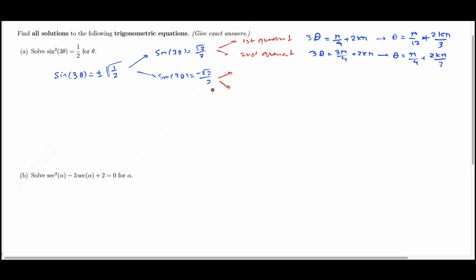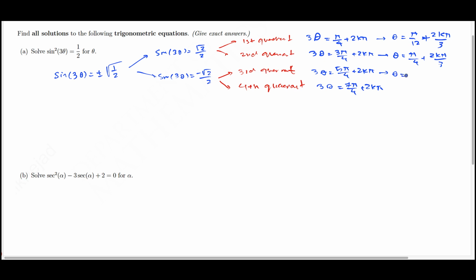The second solution to sine is a negative value. So it's either in the third quadrant or the fourth quadrant. In the third quadrant, I know it's going to be 5 pi over 4 plus 2k pi. In the fourth quadrant it is 7 pi over 4 plus 2k pi.